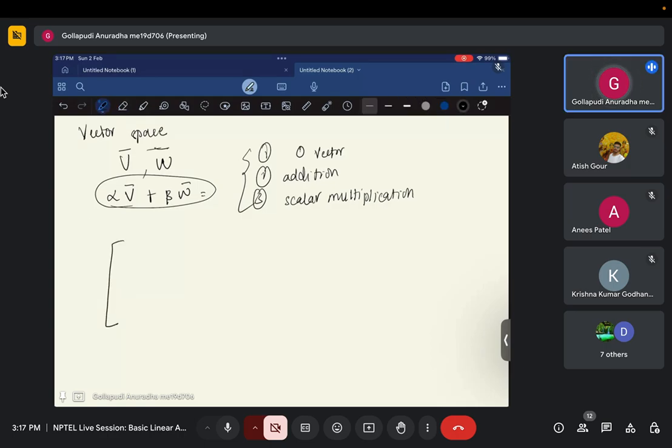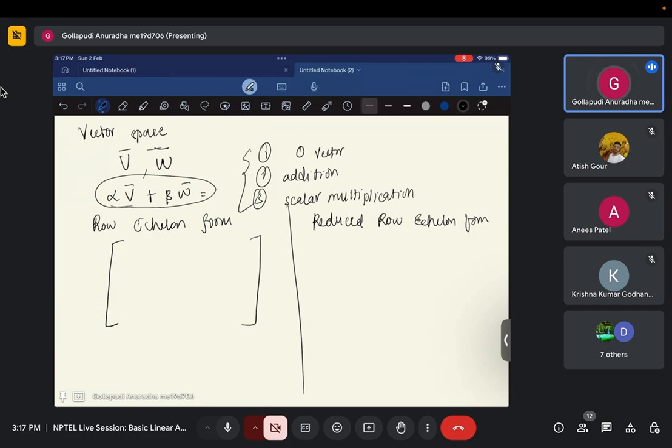So row echelon form, let's see that first. We'll be solving examples which will make your question even clearer. Suppose there are some zeros at the start, and some numbers here.